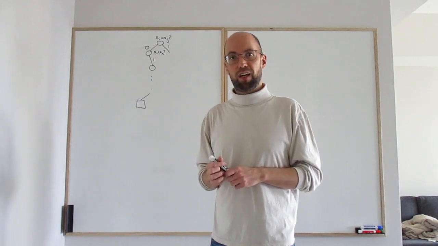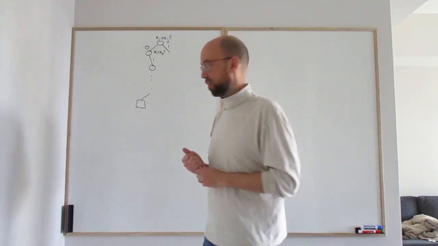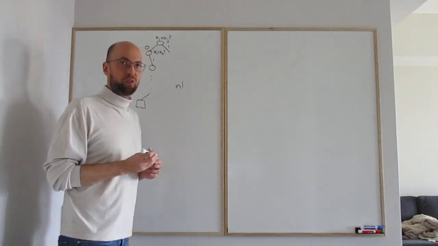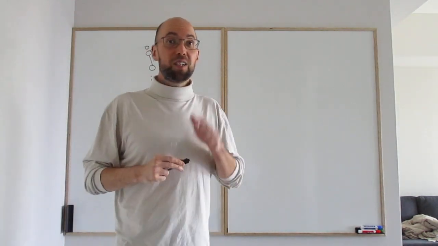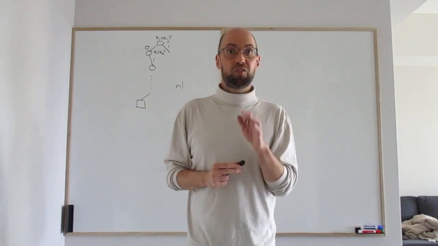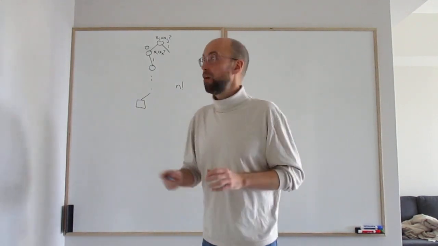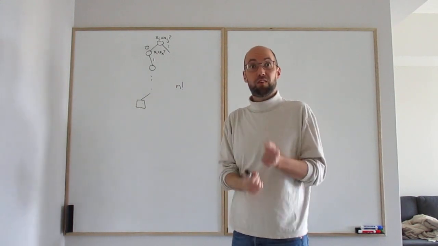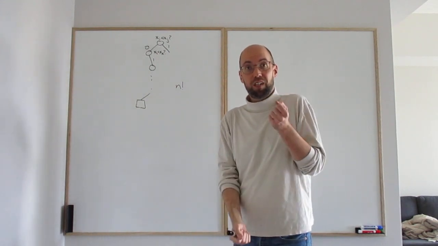How many leaves does it have? Well, how many permutations are there? n factorial. How much time does it take in the worst case? It takes however much the depth of the deepest leaf is. That's the height of the tree.